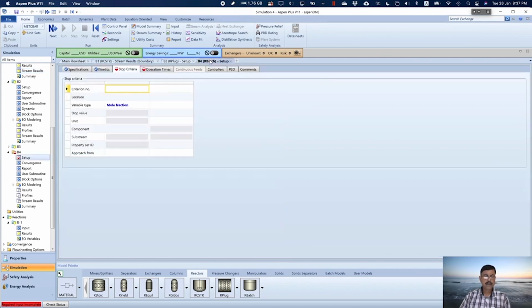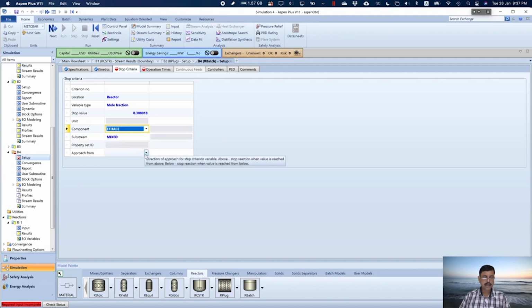So we will say mole fraction stop value 0.308018 of component ethyl acetate, and approach from 0. That means initially it was at 0, so from below, from 0 to 0.308018 it will go and calculate. This is criteria number 1, and we have only one criteria, we do not see any other criteria. And then these are the operation times.